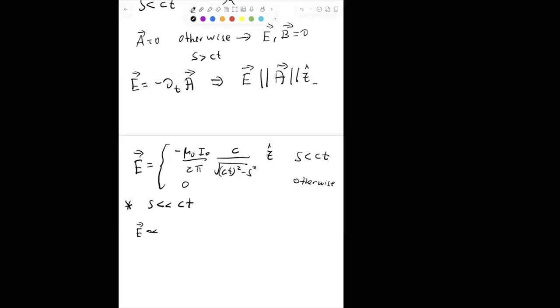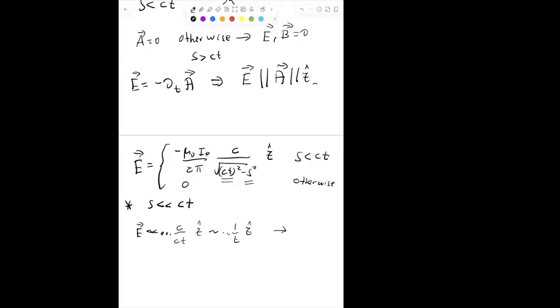Then this E is proportional to, I'm just deleting everything. You see here CT and S, so I get C divided by CT, Z. I get other constants that I don't care about. This goes like 1 over T. This is the important thing.